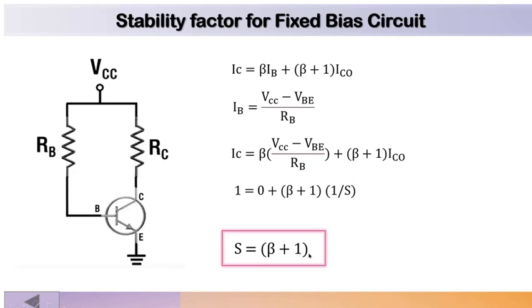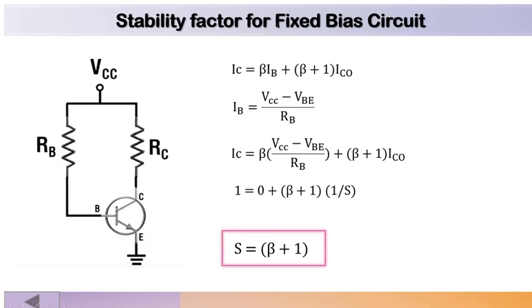So here you can see the stability factor is dependent on the current amplification factor beta. So if the transistor is replaced here, the stability factor will be changing. As the stability factor changes, the Q point will be shifting.